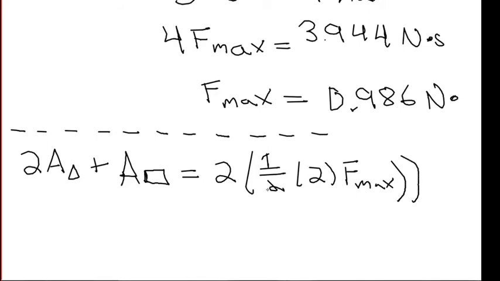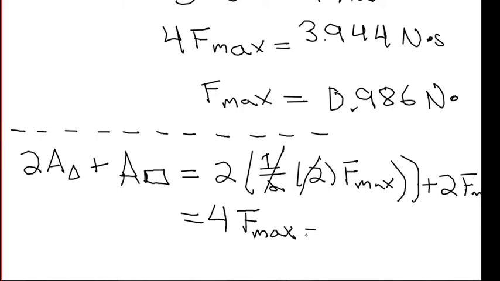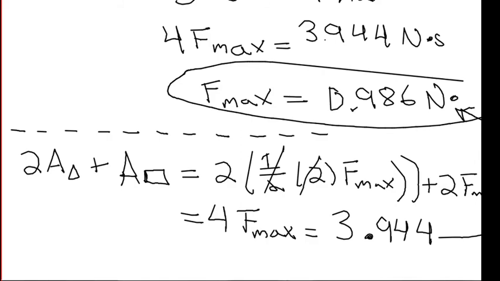So the 2 and the 1/2 cancel, and we're just going to get 2 F max there, plus another 2 from the width, and the height of the box is F max. And so we still get that 4 F max is the same thing as the change in momentum from before. And if we divide this by 4 again, we're going to get back to that same final answer.